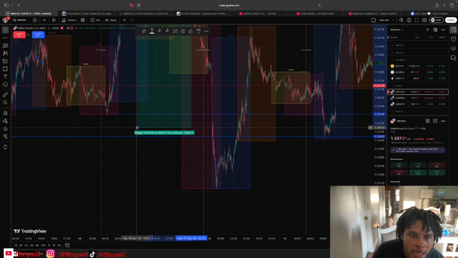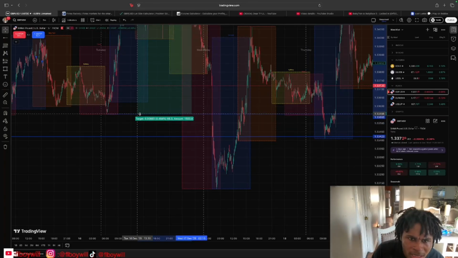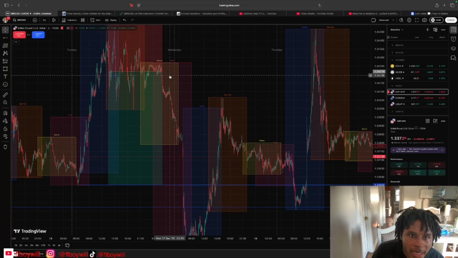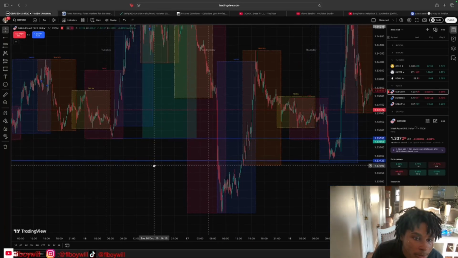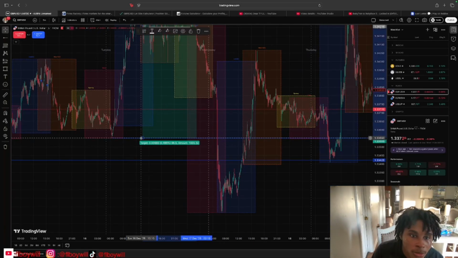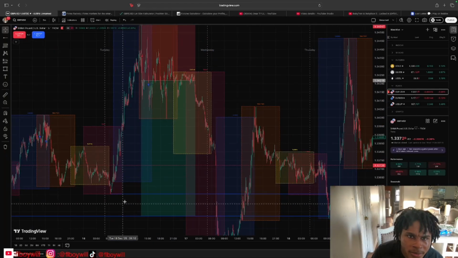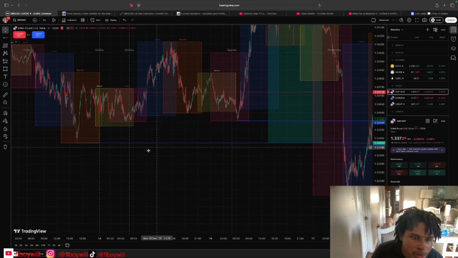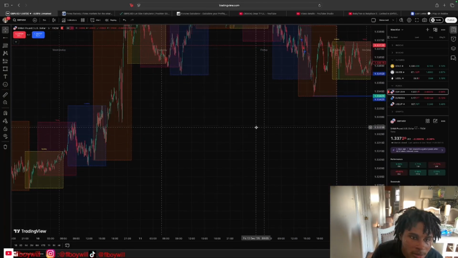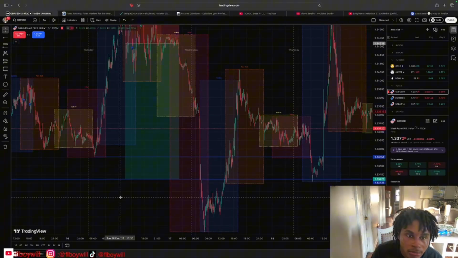You can either put it right here, which is a 2.02 risk to reward, or you can put it right here, which is a 2.42 risk to reward. And they both got hit.